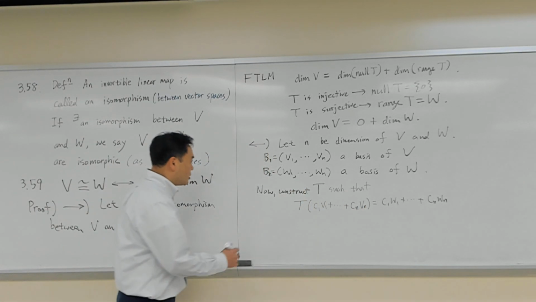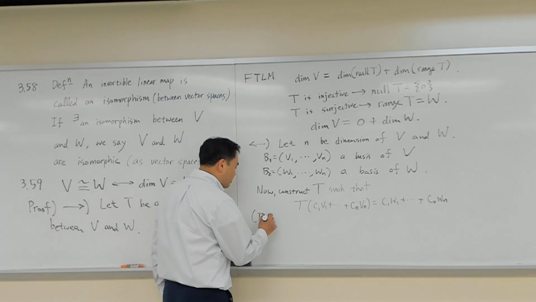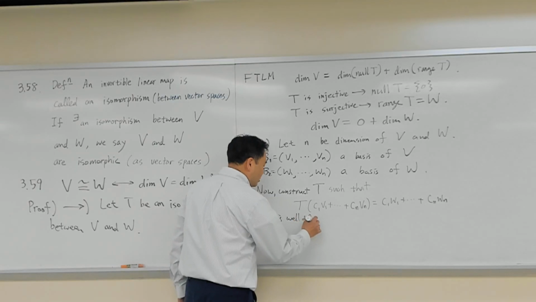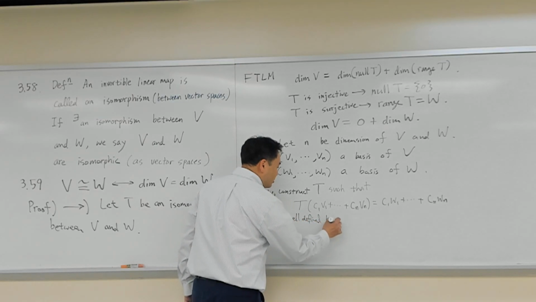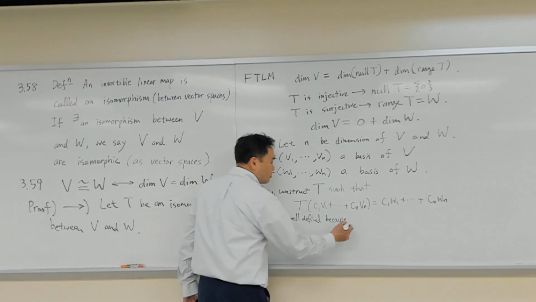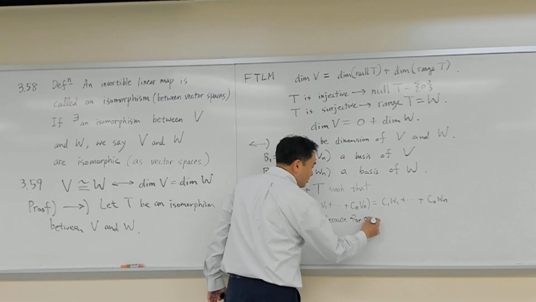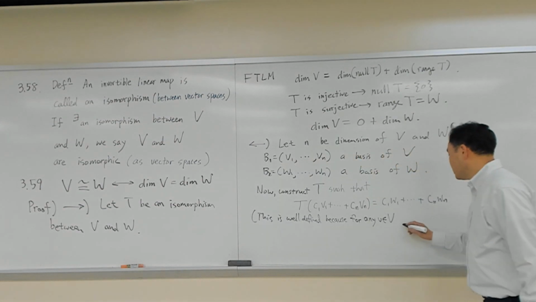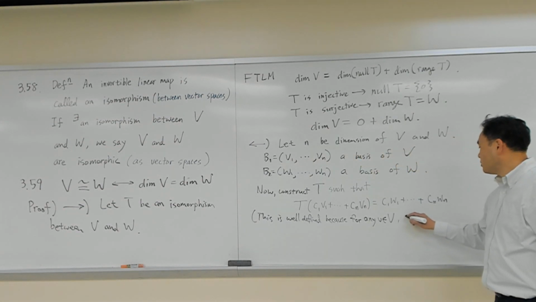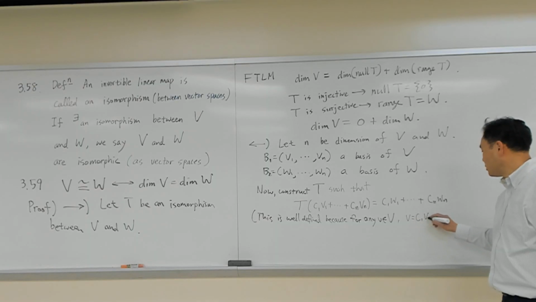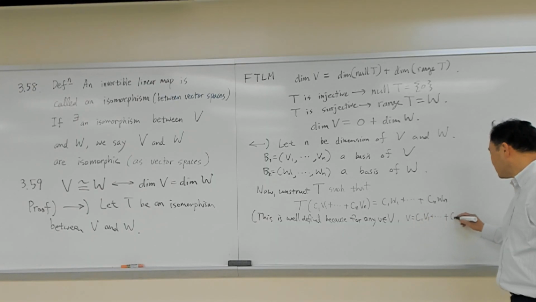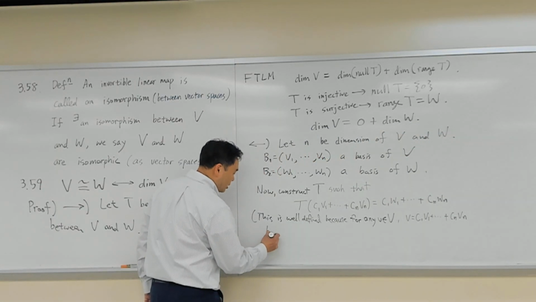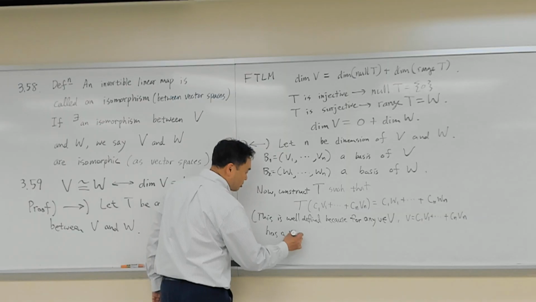So this is well defined, because for any V in V, V equals C1 V1 da da da Cn Vn has a unique representation.